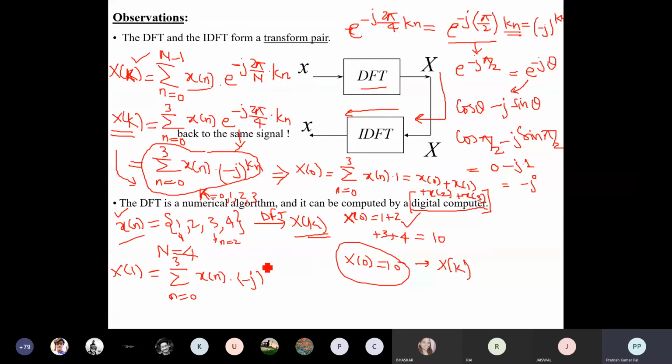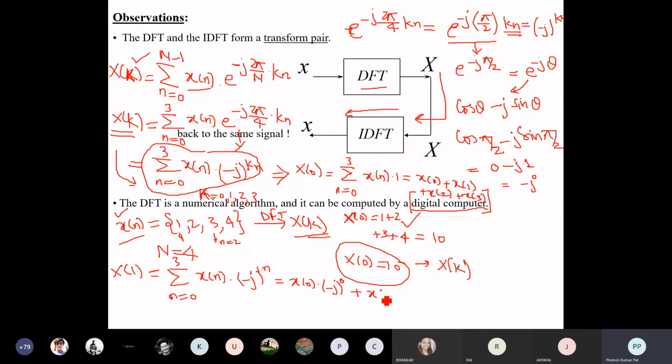When we multiply this by 1 into n, it will be n. So now we will expand this summation for different values of n, where n should be varying from 0 to 3. Okay, we will expand this. So the first term will be x of 0 multiplied by minus j to the power 0, because n equals 0.